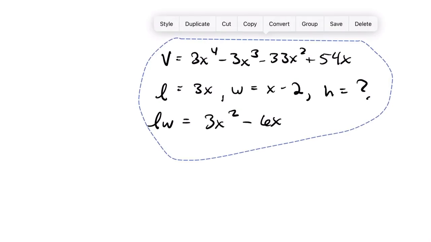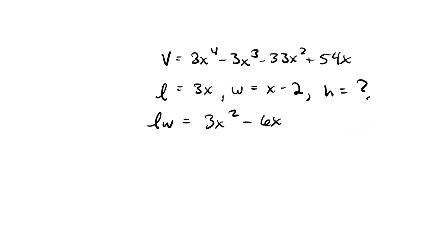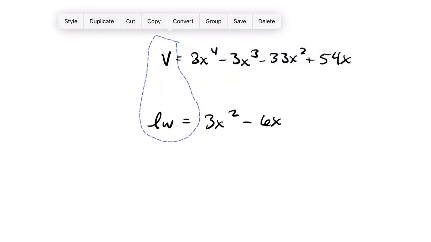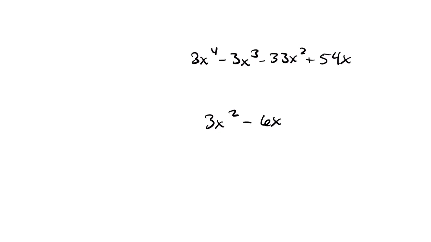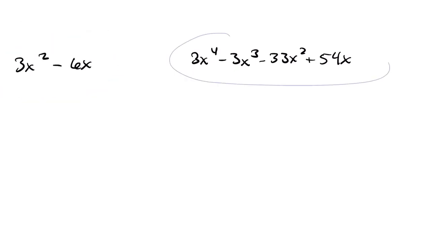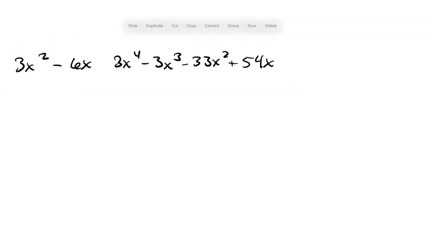Paste. Now let me get rid of what I'm not using. So we're going to say that divided into that. Again, we can't do synthetic division here because it's not a linear binomial. It's not in the proper form.